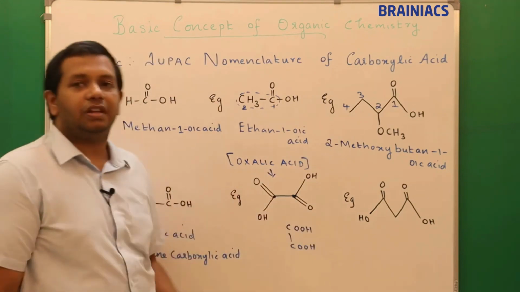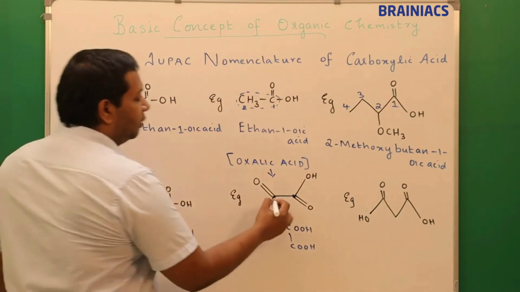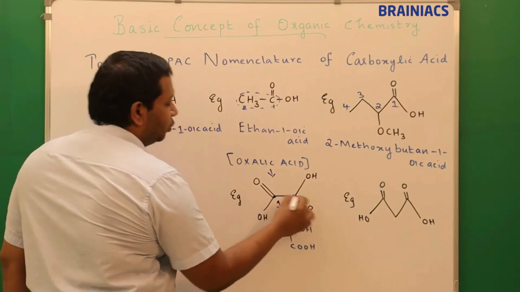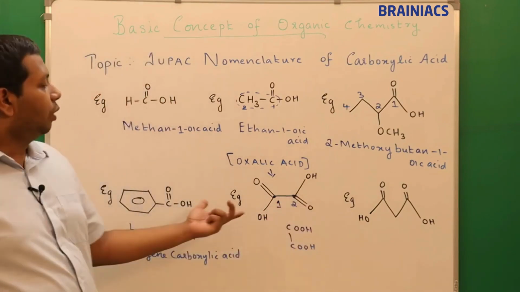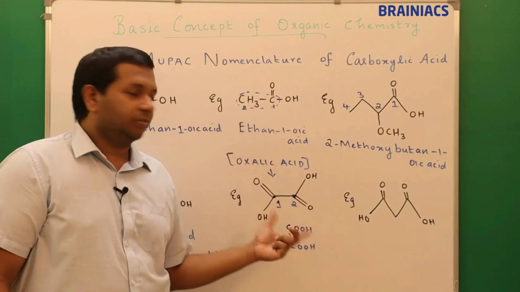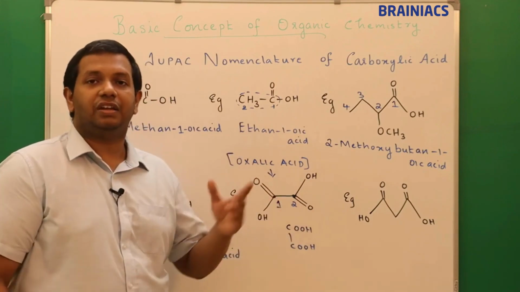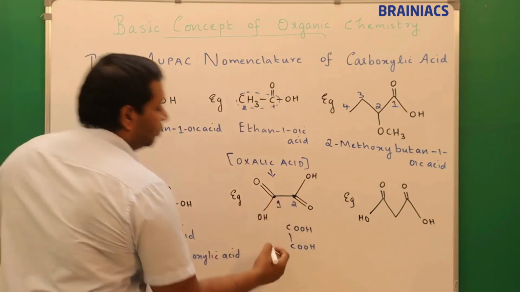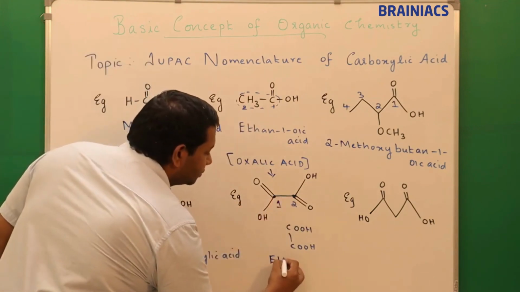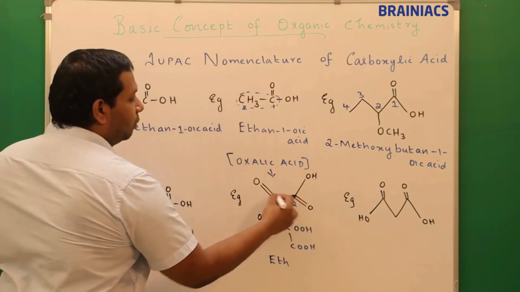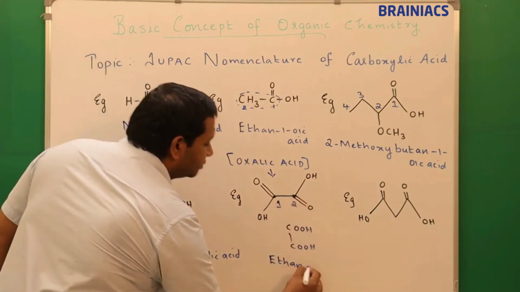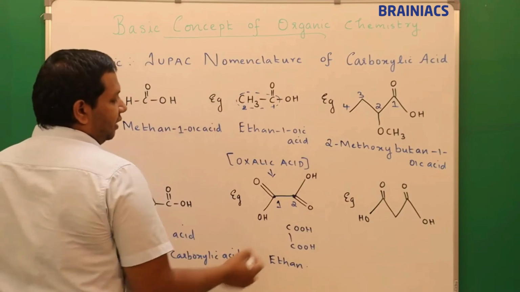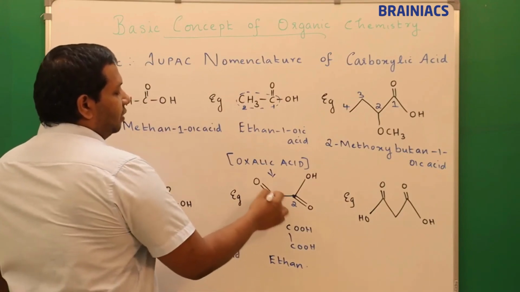What is its IUPAC name? How can we name it? If I give numbers 1, 2, only 2 carbon atoms are there. There is no other way. Whenever there are two carbon atoms and two COOH groups, I can use the term dioic acid. Two carbon atoms means I use the term eth, and they are linked through single bond, so I use ethane. At what positions? 1 and 2.